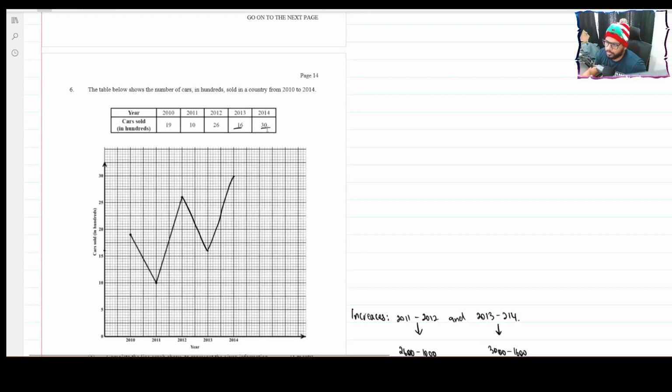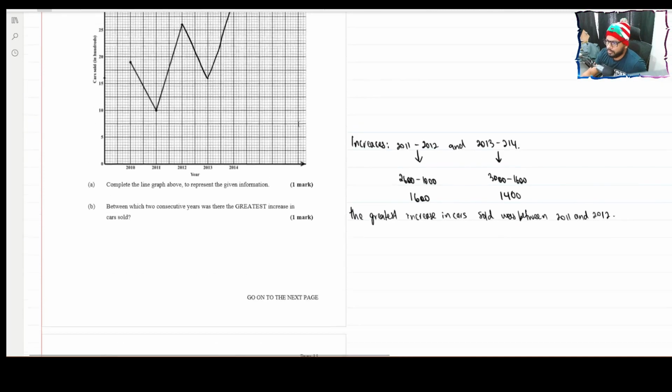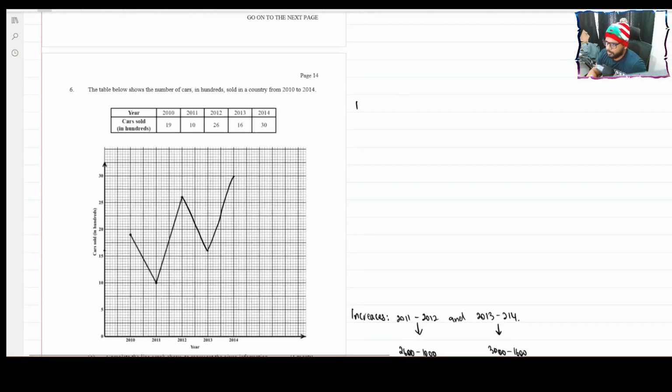What is the total number of cars sold in the 5-year period from 2010 to 2014? We just have to add up each one of these numbers. So total number of cars sold, it's always good to write statements. Total number of cars sold will be 1900 plus 1000 plus 2600 plus 1600 plus 3000.